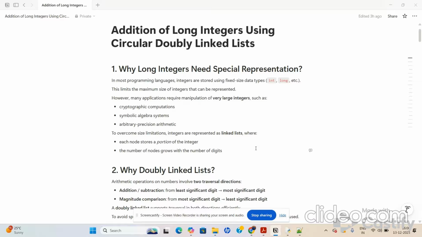However, many real world applications require us to work on very large integers. For example, cryptographic computations, symbolic algebra systems, arbitrary precision arithmetic. So to overcome this size limitation, we need to represent integers using a different method, not the conventional data types.